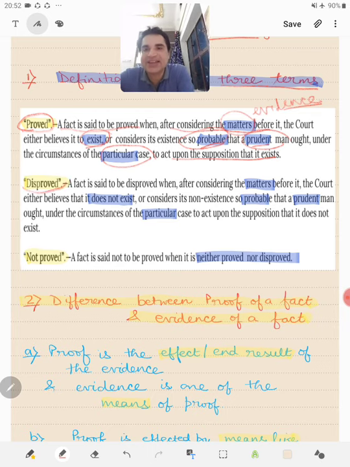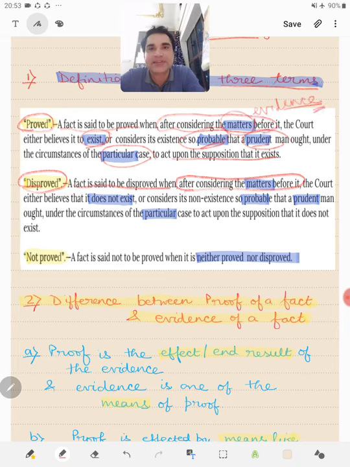Similarly, disproved has been defined as: a fact is said to be disproved when, after considering the matters before it, mind you, friends, here also after considering the matters before it, it's not after considering the evidence. So, a broader term has been used.